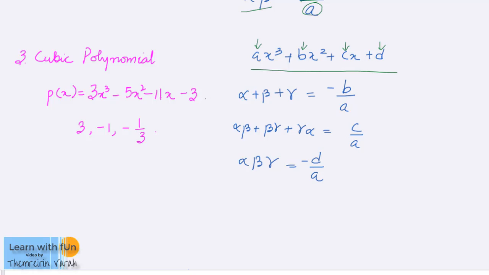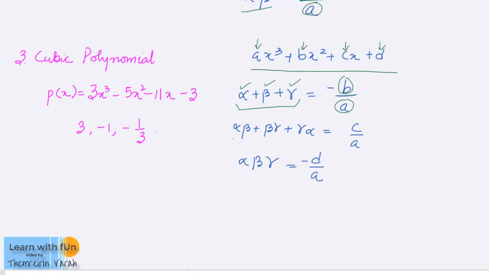A cubic polynomial has three zeros, alpha, beta and gamma. The sum of the zeros, alpha plus beta plus gamma, will be equal to negative of coefficient of x square upon coefficient of x cube, which is minus b by a.